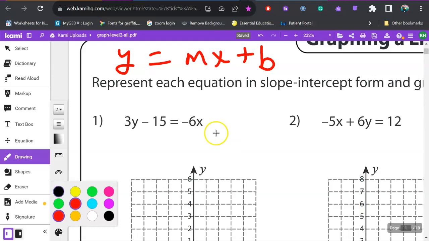We have to rearrange what we have to make it look in this order: y on one side of the street by itself, the mx plus b on the other side. How do we do that? Well, if you were with me when learning how to solve simple two-step equations, this is going to be a lot easier for you.